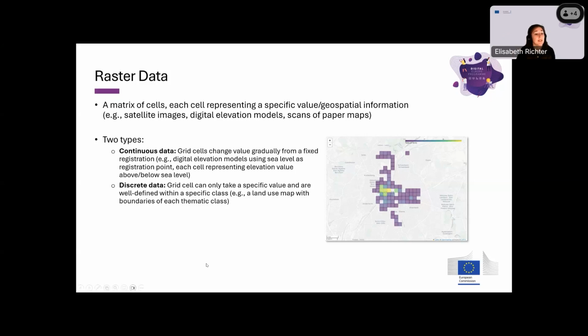Discrete data: the map I showed you on the right would be an example. Here, the grid cells can only take a specific value and they are well defined. Here you just have the number of restaurants in each cell. And compared to vector data, this raster data is not scalable. If you enlarge it or stretch it, it might pixelate or distort.